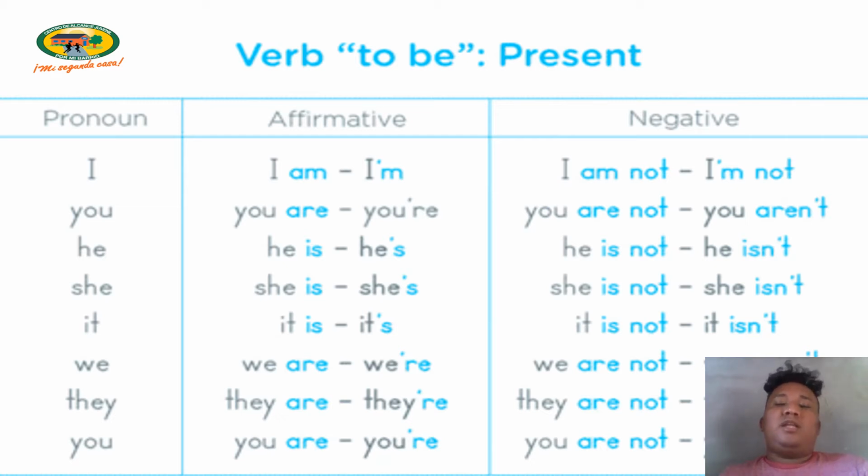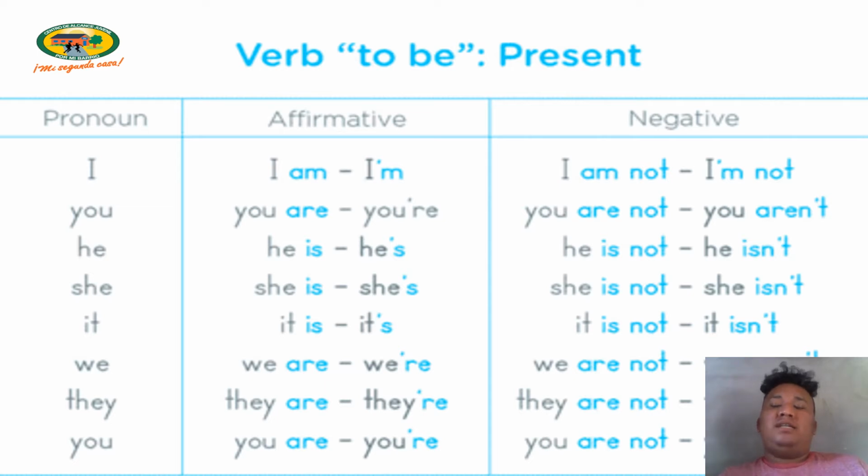Por ejemplo, tenemos la estructura que va el pronombre y el verbo to be, que es I am, you are, he is, she is, it is, we are, they are, and you are. Pueden observar que hay tres formas de conjugación del verbo to be, los cuales son am, are, and is.